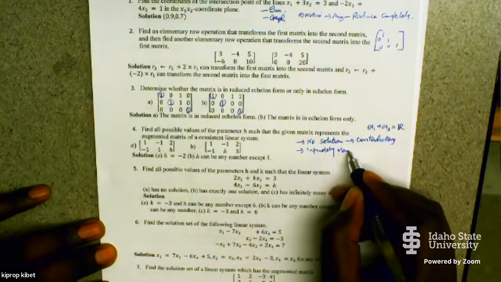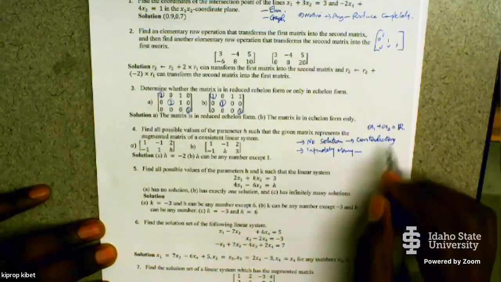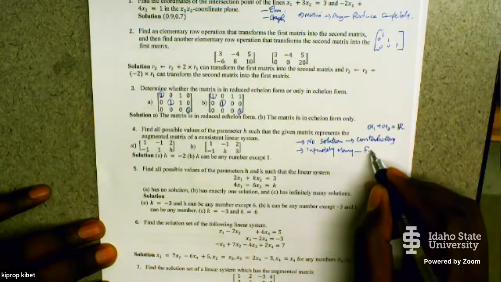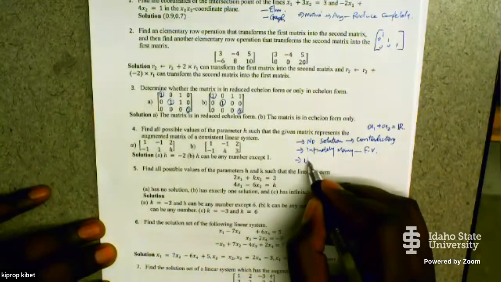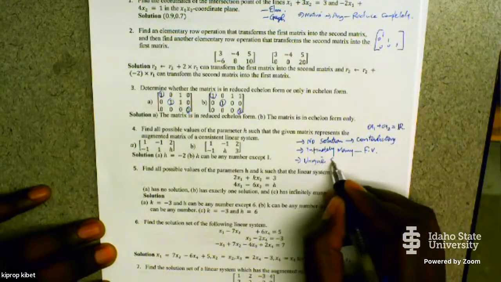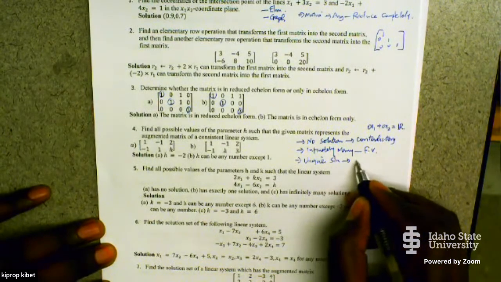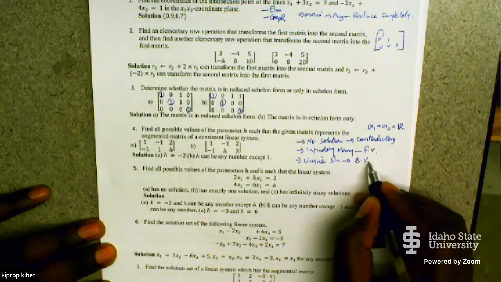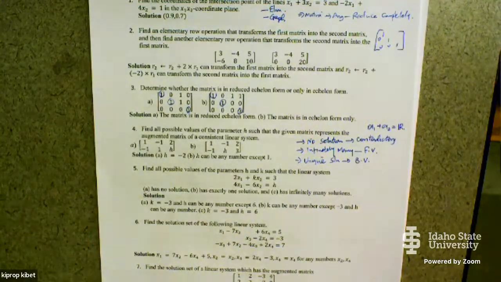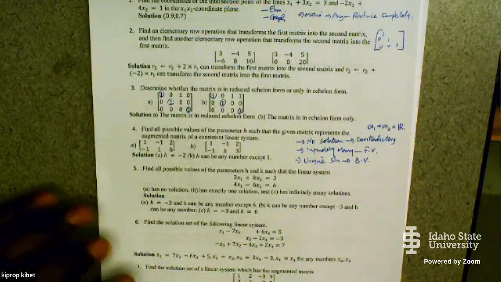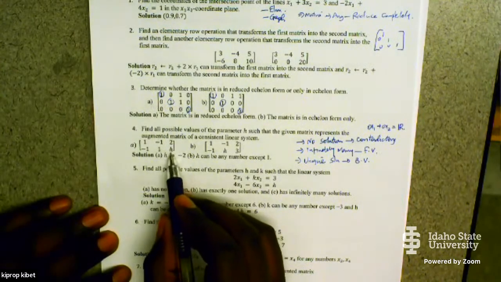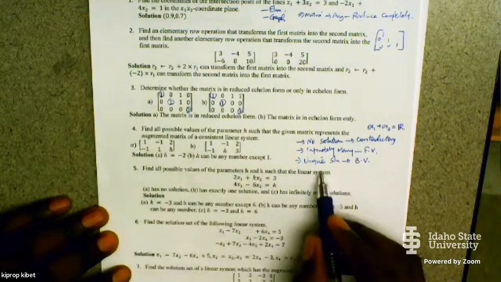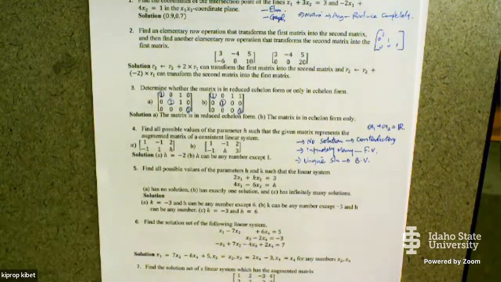For infinitely many solutions, then you should have what? A free variable. And then finally, for unique solution, then all should be what? Basic variables. So in this case here, the value of h for the unique solution can be any number.